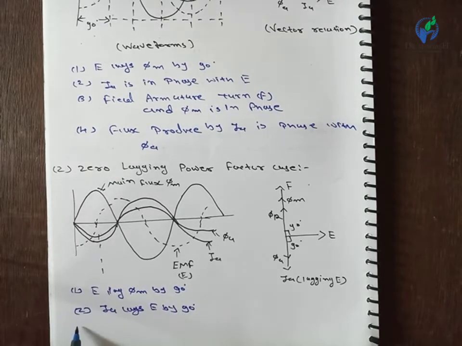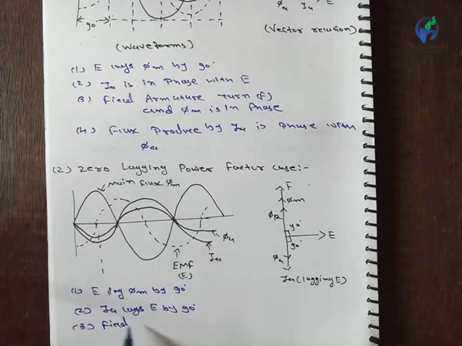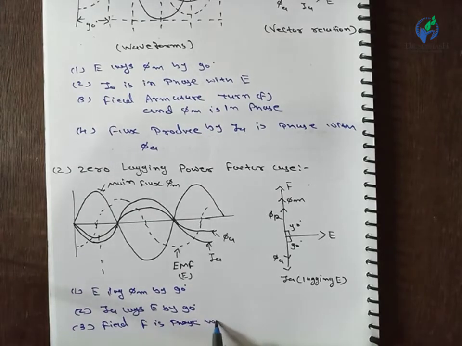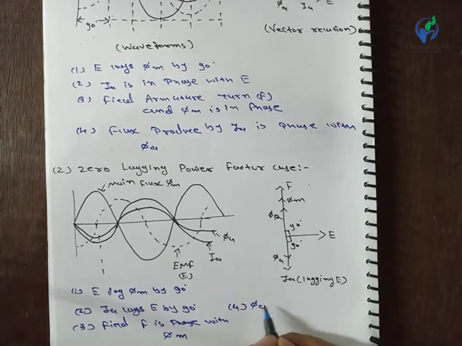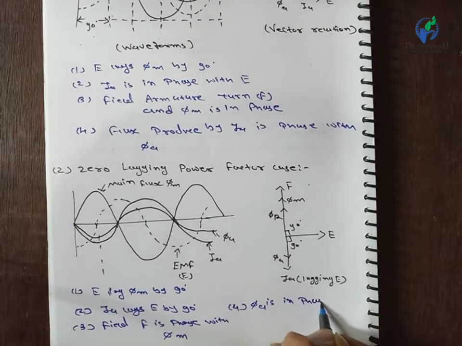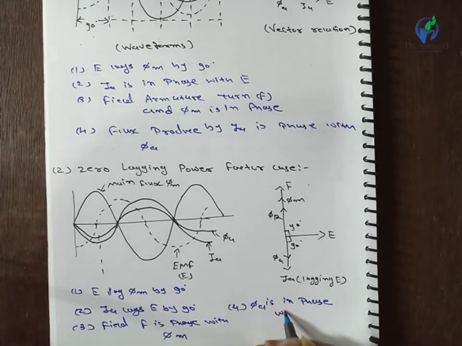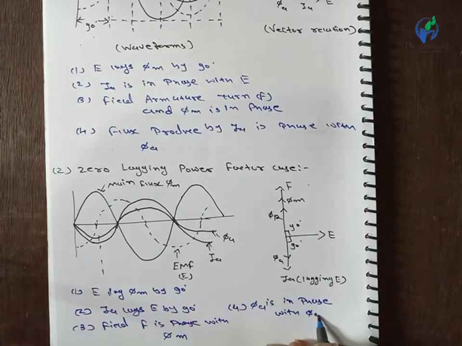The third point is that the field F is in phase with phi m, and the fourth point is that the flux phi A is in phase with armature current IA.